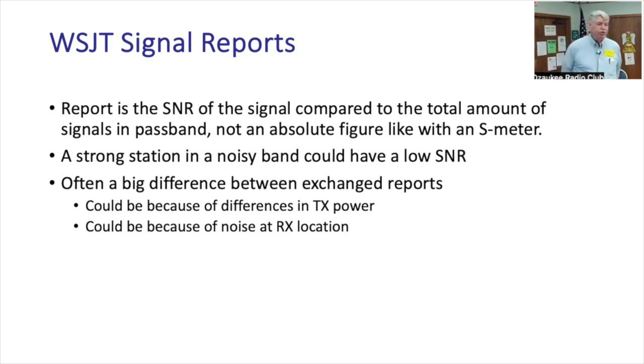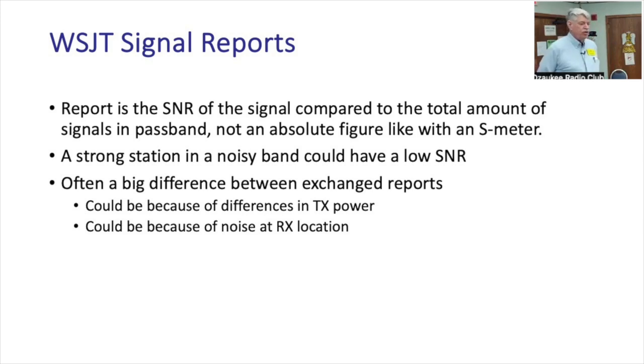A lot of times you'll be working some guy and you'll give him a +20, and he'll give you a -10 or -15. It could be for a couple of different reasons. One is differences in transmit power. Maybe one of you is running more power than the other. But also, if you give him a good signal report and he comes back with a bad one, he just might have a lot of noise.